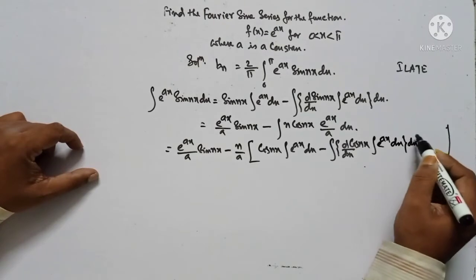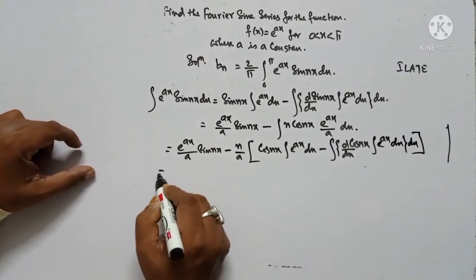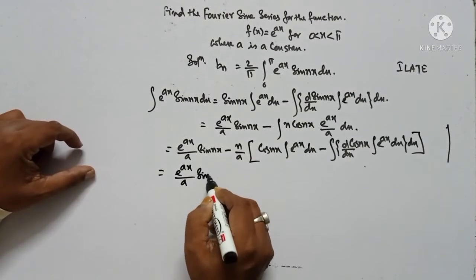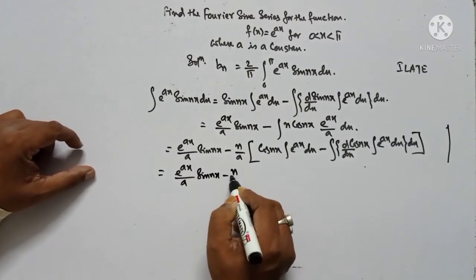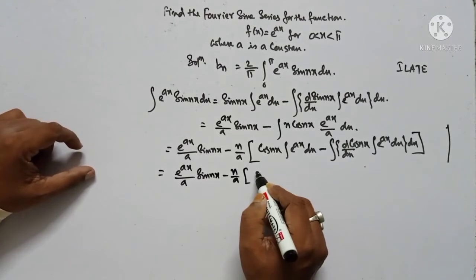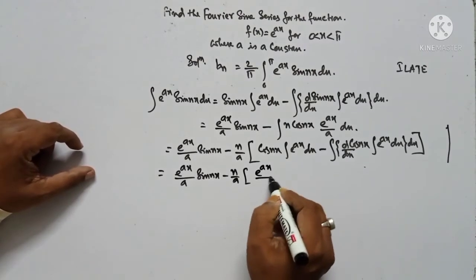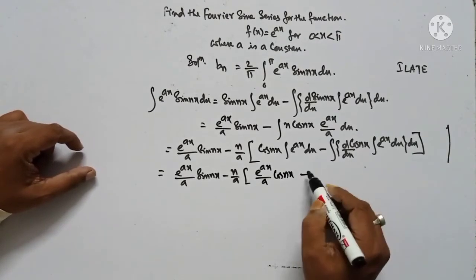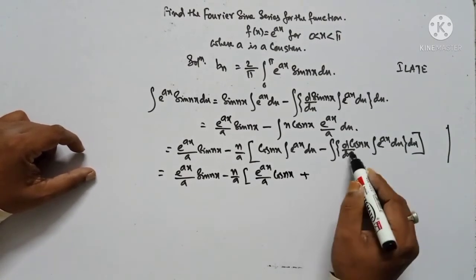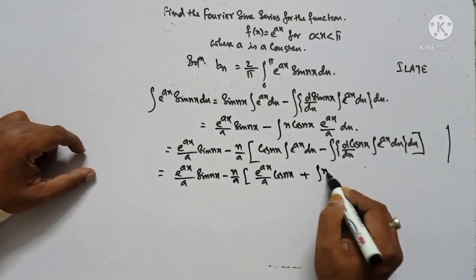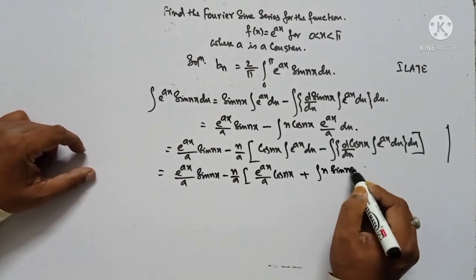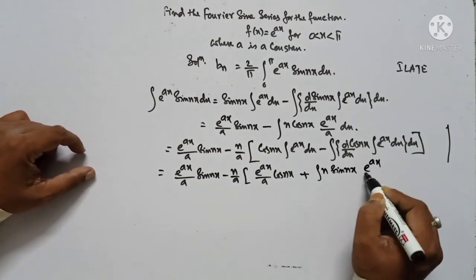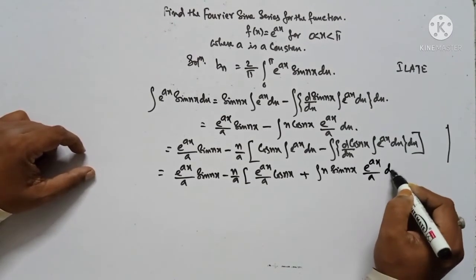So this again becomes e to the power of ax by a sine nx, minus n by a times e to the power of ax by a cos nx, minus the integral where the derivative will be plus n sine nx times e to the power of ax by a dx.